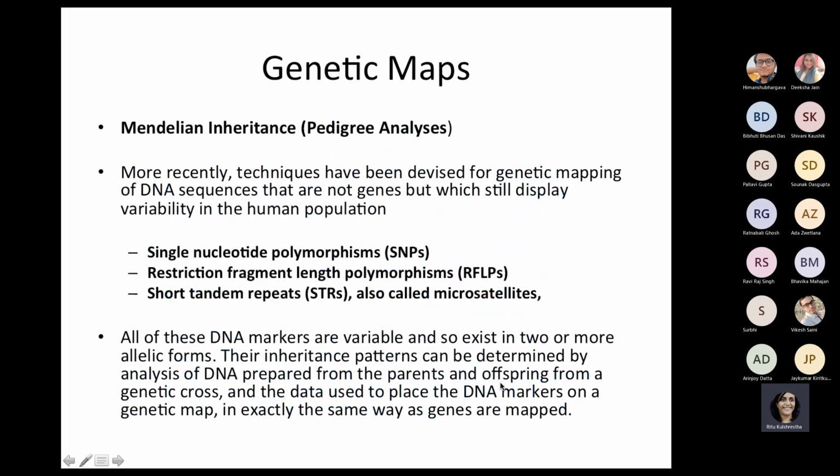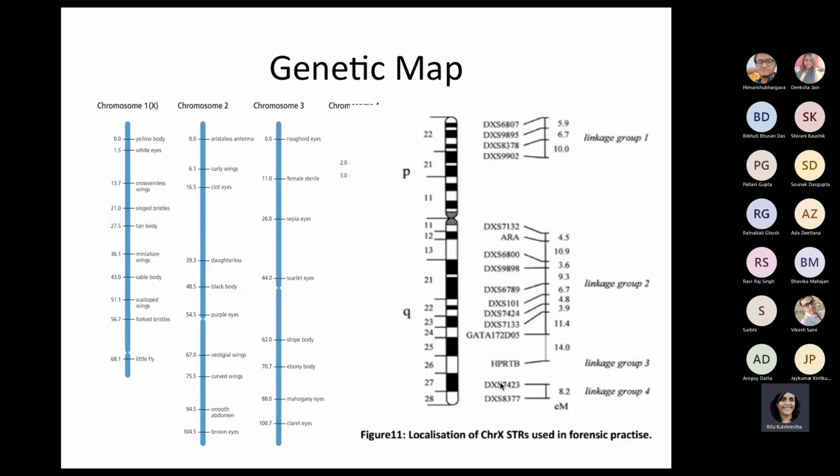Now, are there other methods which can help me in assembling the genomes? Yes, there are various genetic maps which have been generated by geneticists who have been working on that particular organism, by which they have placed certain genes together in genetic maps. How have they put it together?